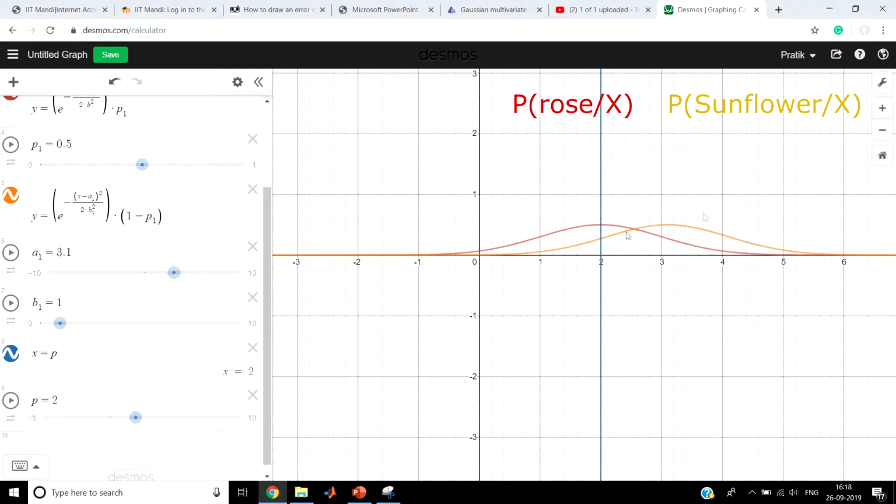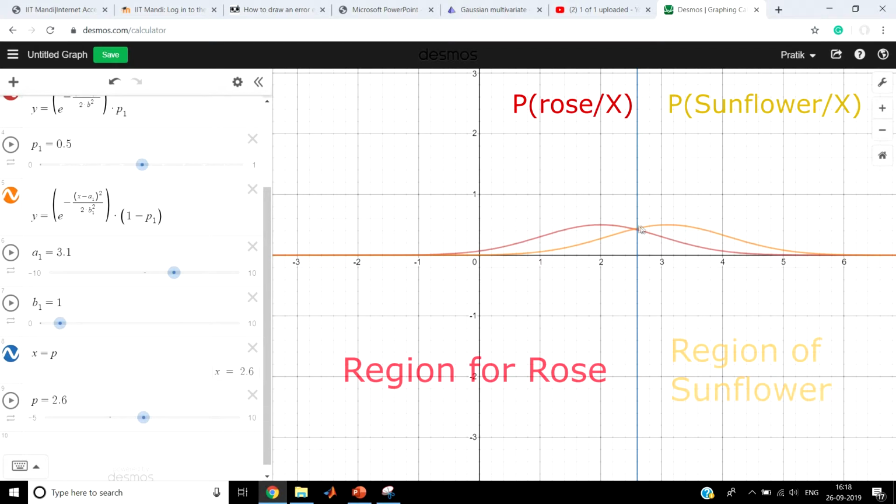Here the posterior probability of it being a sunflower is this, and it being a rose is this. So hence this will be defined as rose. The algorithm will make it rose. You can see it is this point, the intersection of the two, where the probabilities are equal.